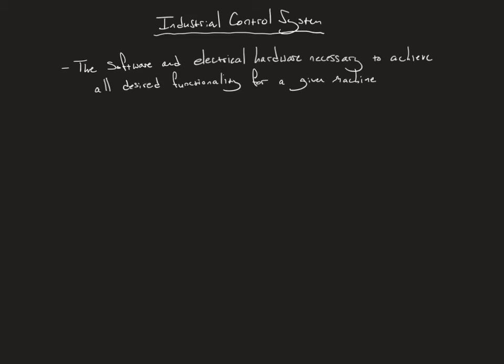Since the idea of an industrial control system is so large and encompassing, it draws on multiple disciplines. So it does utilize ideas from control theory, so the use of feedback loops to achieve a desired functionality, but it also includes power design, because part of designing an industrial control system would be designing all of the powering needs for the system.